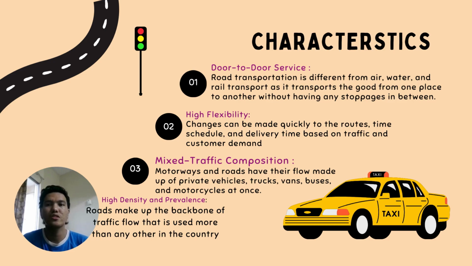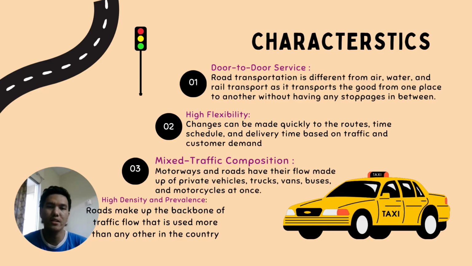Next, road transportation possesses four distinct characteristics that set it apart from air, rail, or water transport. First of all, it provides door-to-door service. It can transport goods directly from the origin to the destination without any stoppage or transfer in between. Second, it offers high flexibility.